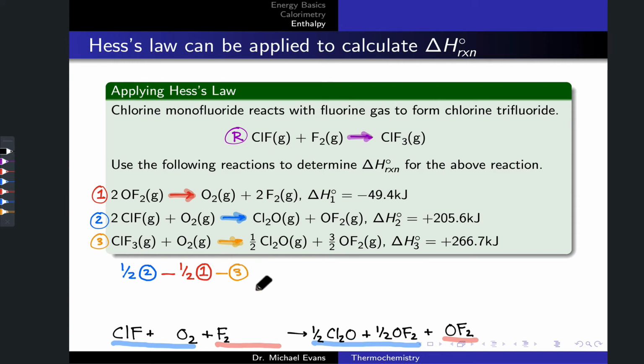And so let's now add in the reverse of reaction 3 into our running tally here and see what happens. We have ClF3 on the product side, 1 mole of that. We have a mole of O2 on the product side. And on the reactant side, we have 1/2 a mole of Cl2O and 3/2 OF2.